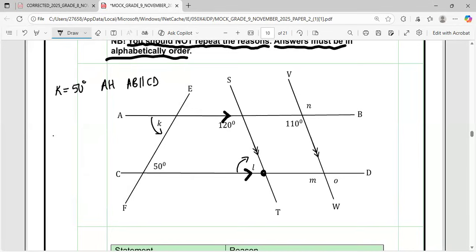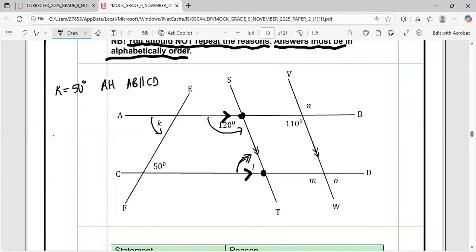So what is the relationship when you look at this angle and this one? The co-interior angles, right? Both of them are inside the parallel lines.